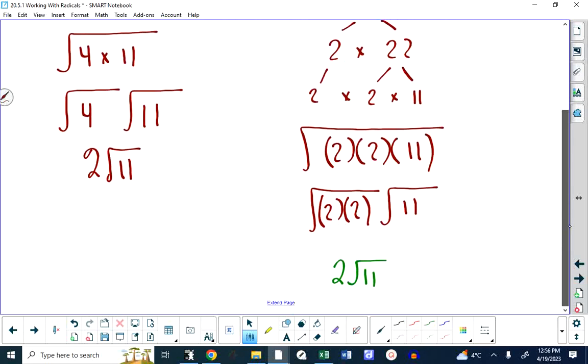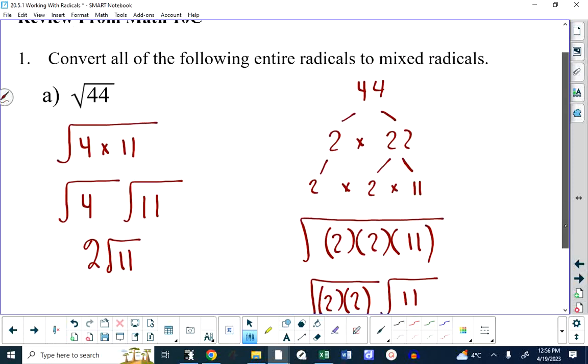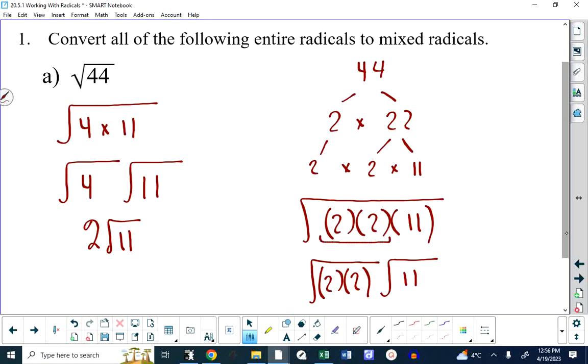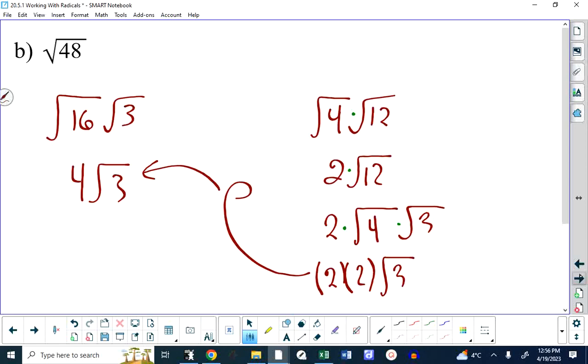I want to make this point here, and it may be obvious right now, but it's going to become less obvious later, that root A is A. Whether I write root of A times A, or root of A times root of A, it's A. And this is the point. Since we're dealing with a square root, there is a pair of 2's that can be extracted and written as a single 2 outside. Okay, so what would happen here with this one is you would say root 48.